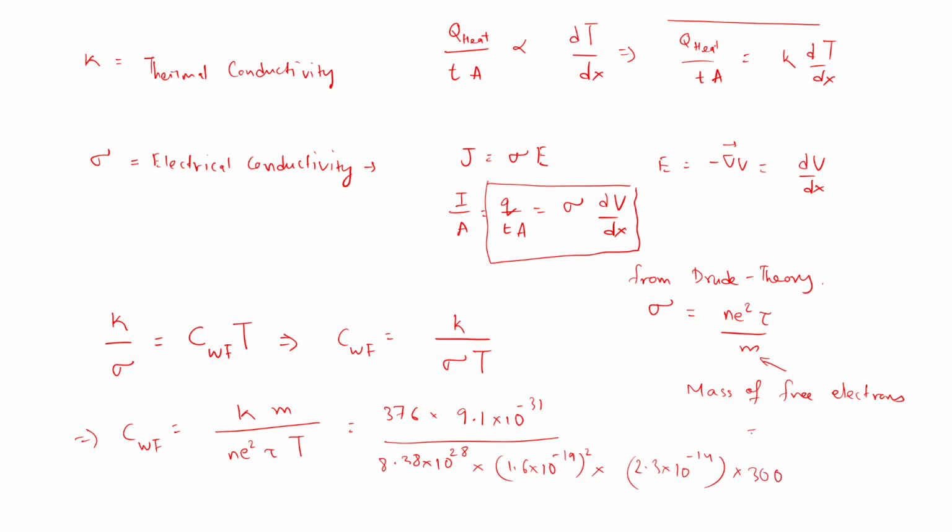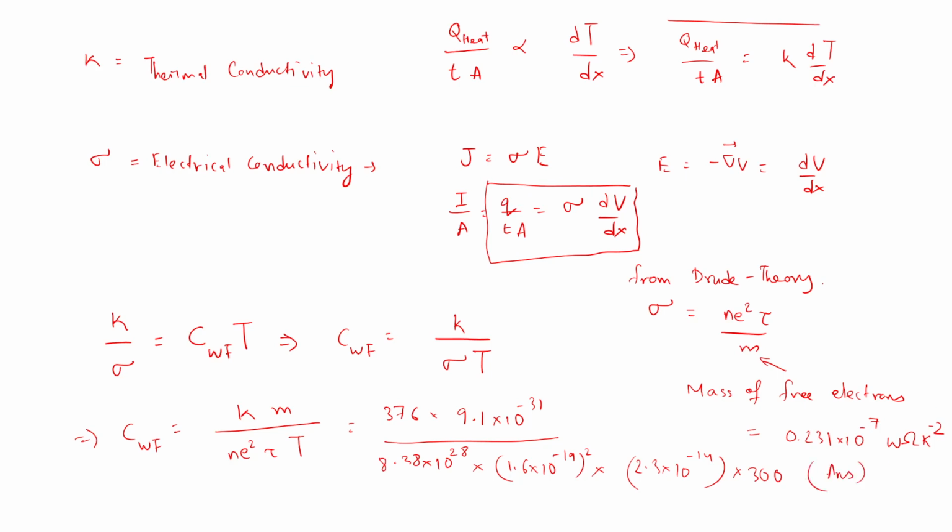When you calculate this, you get 0.231 into 10 to the power minus 7 watt ohm per Kelvin square. So this is your answer.